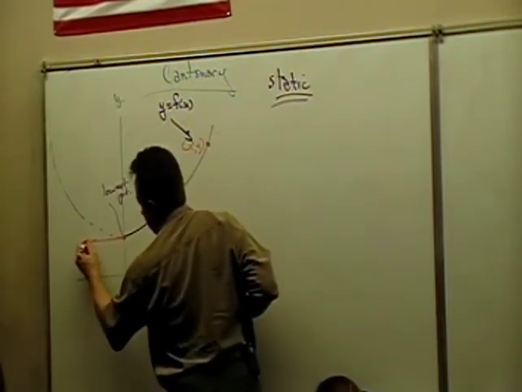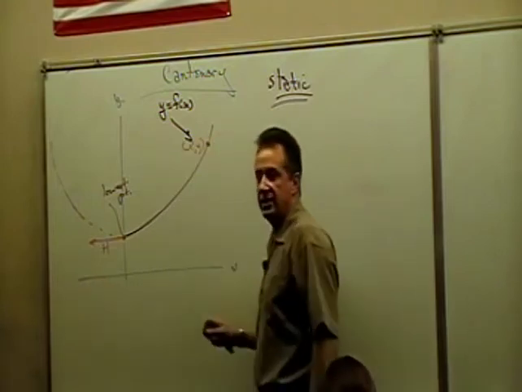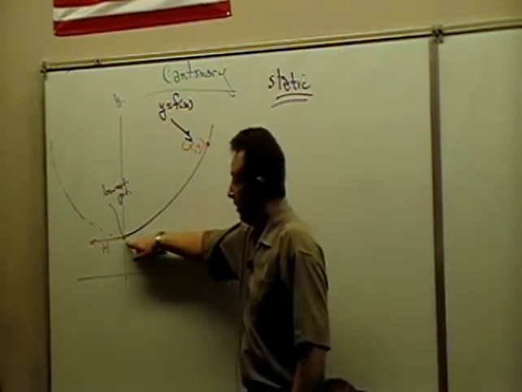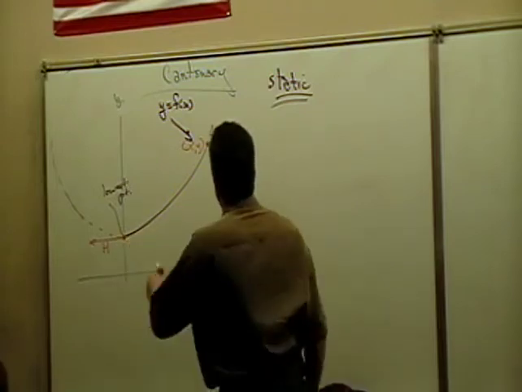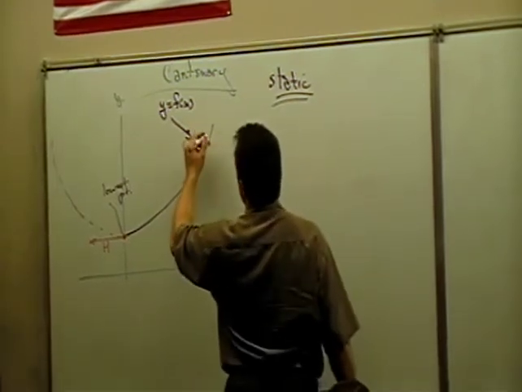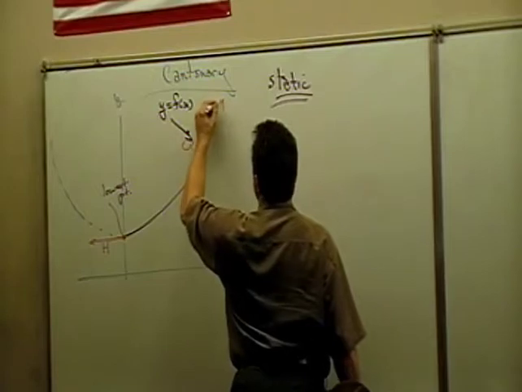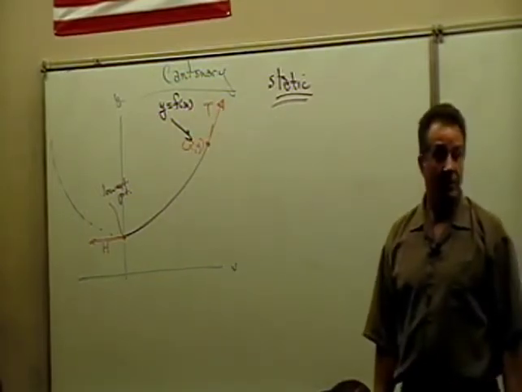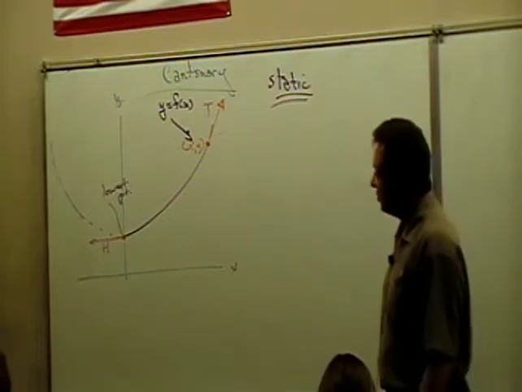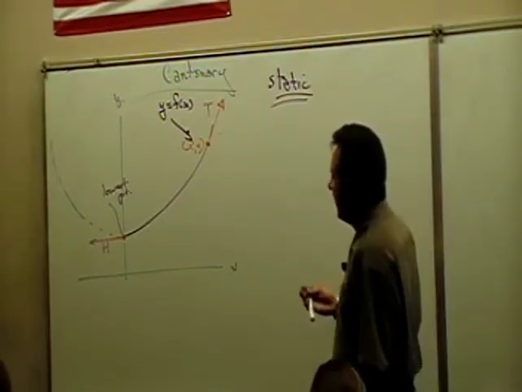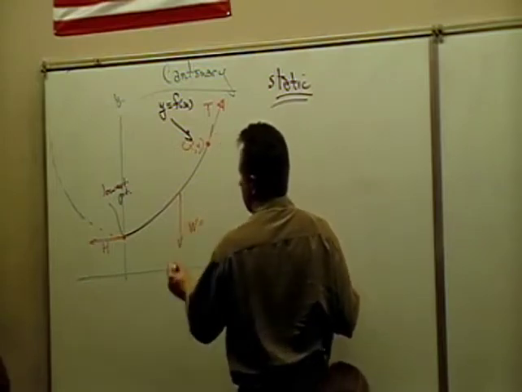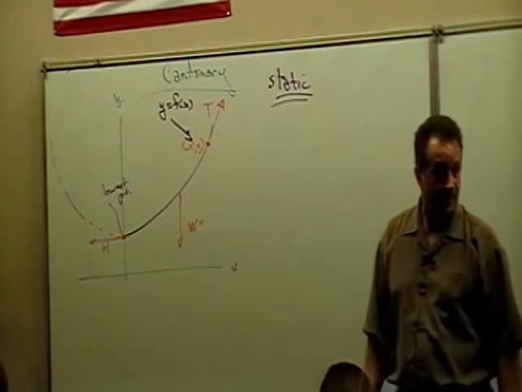You're going to get a horizontal tension in the cable at the lowest point. Up here at any point xy, you're going to get a tension that's going to run tangent to the curve, right? So these are the two forces that are actually acting on this. Actually, you have a third force. You have the weight of the cable itself.